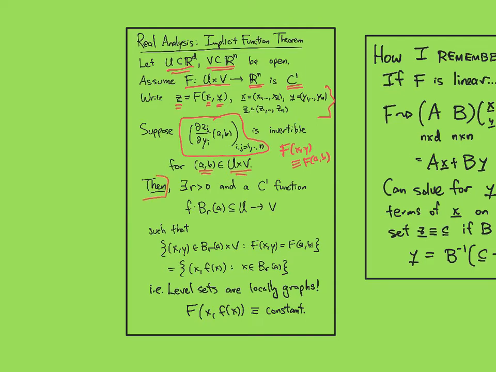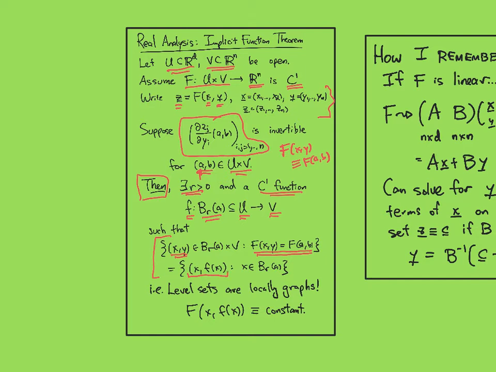So the conclusion is that there exists an r and a C1 function little f defined on the ball of radius r centered at the point a here. And it maps from U into V, and it's going to be the function that we're going to take the graph of. So our conclusion is that if you look at all points (x, y) on this level set, these are all points of the graph of little f.